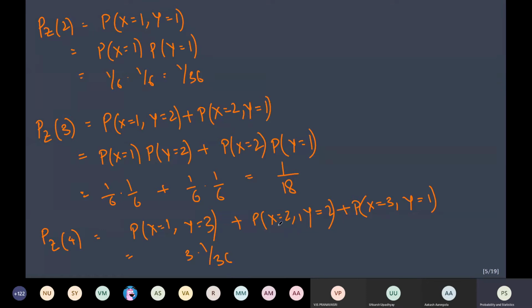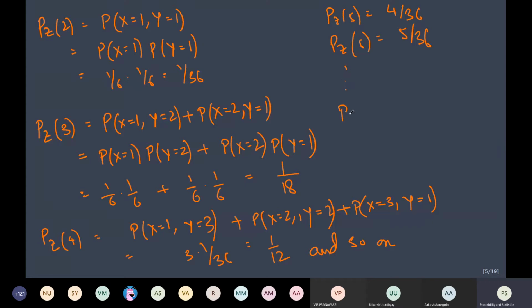All these cases are 1 over 6 times 1 over 6, 3 of those, so this is 1 over 12. And so on. Now you know how to compute this. So the probability of Z equals 5 will turn out to be 4 over 36, and the probability of Z equals 6 will turn out to be 5 over 36. So you see the pattern, and then eventually it will start decreasing also.